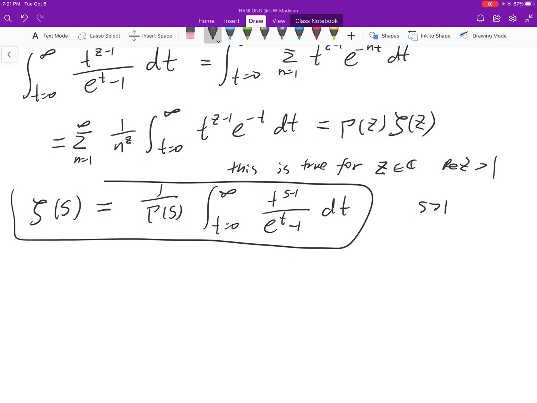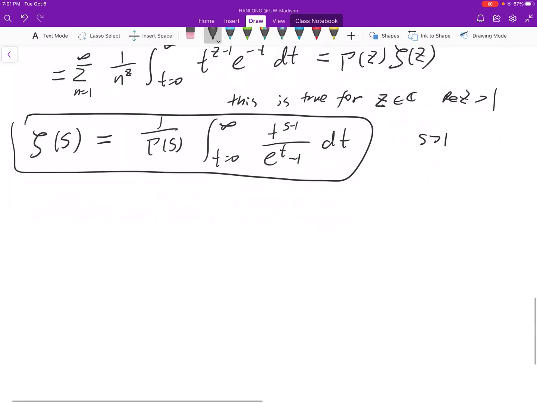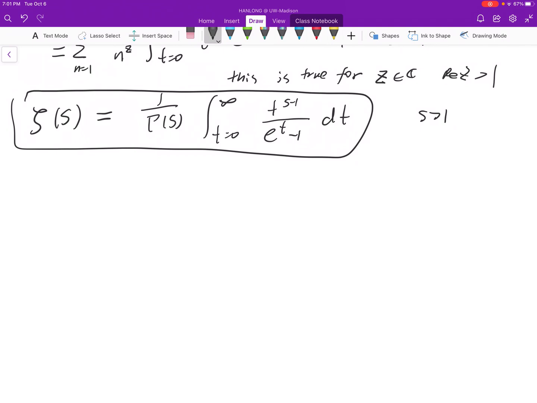And then we want to extend this to holomorphic functions by changing s to z, but still you may have some non-convergence situation, so we change a little bit.